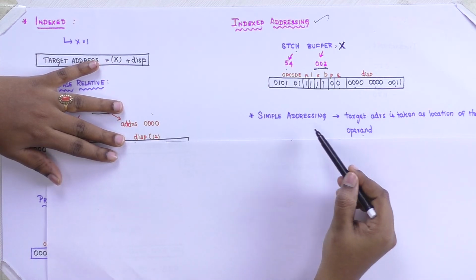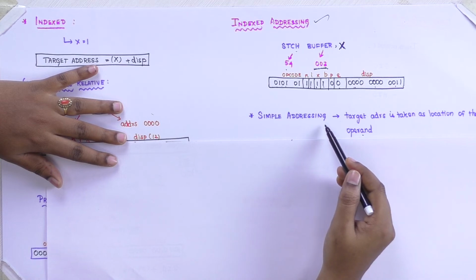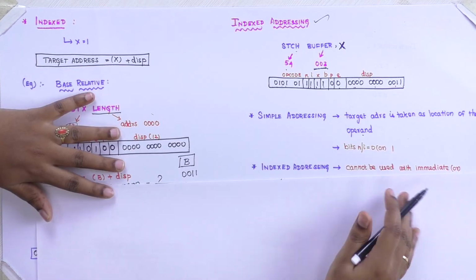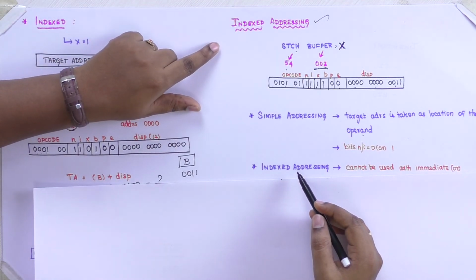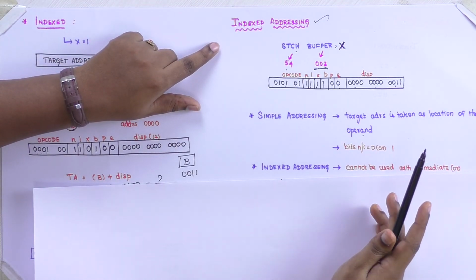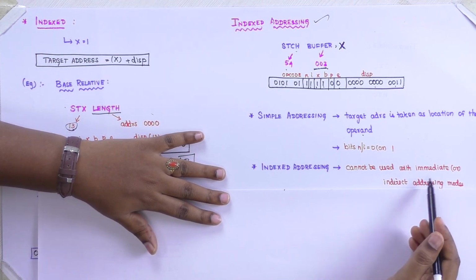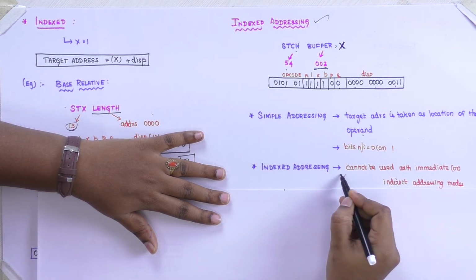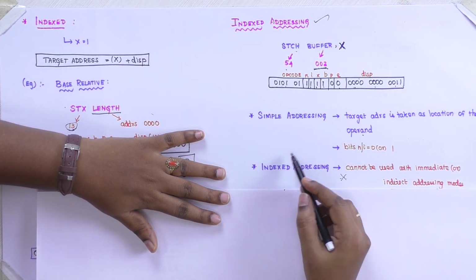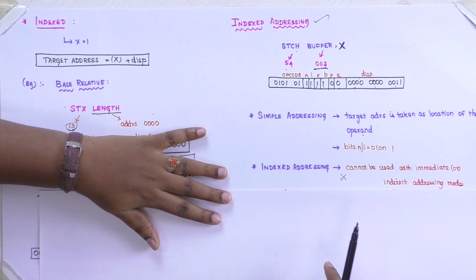If it is simple addressing, as I told before, the value of n and i should be either 0 or 1. Indexed addressing comes along with base relative and program counter addressing, but it cannot be used with immediate or indirect addressing modes. So this is one point that you have to remember. Indexed addressing cannot be used with immediate or indirect addressing modes.